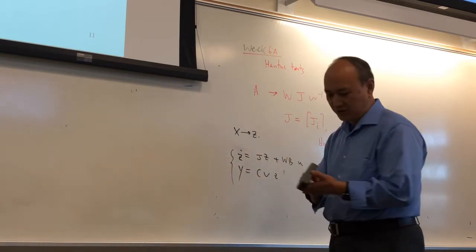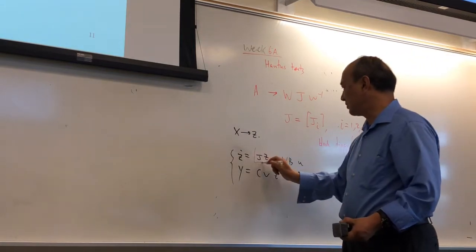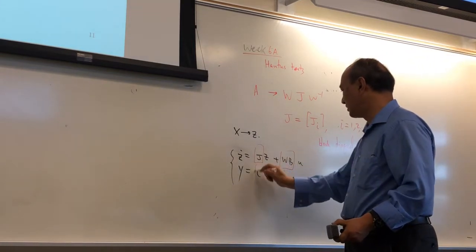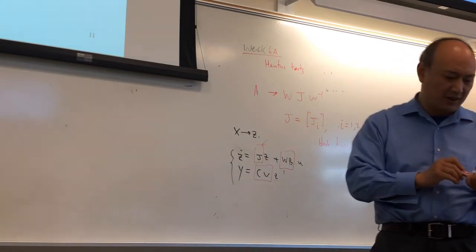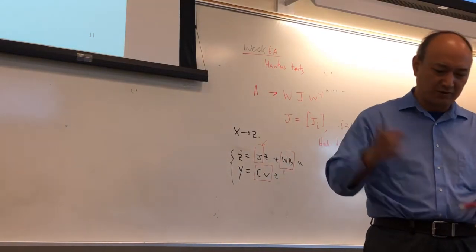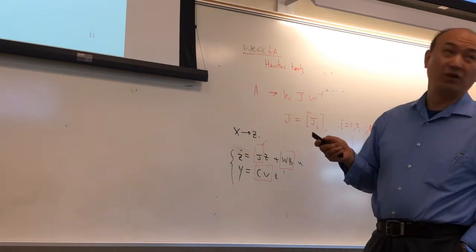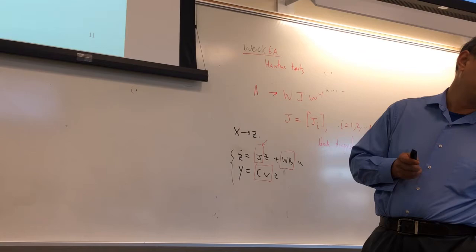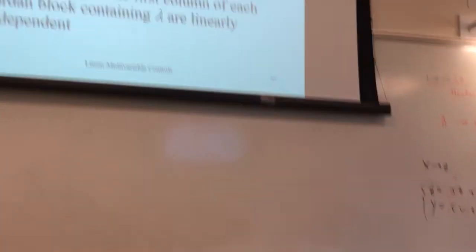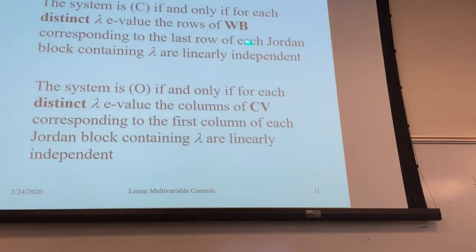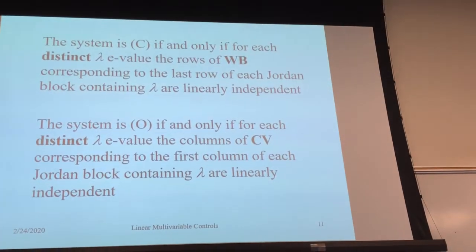So then for controllability and observability, we don't have to do this one; we only inspect this one. But we still need to refer to how this is repeating. There are examples to follow to impress you, something you don't really learn in many other linear system books. That means you check that the last rows of each Jordan block containing a lambda are linearly independent.